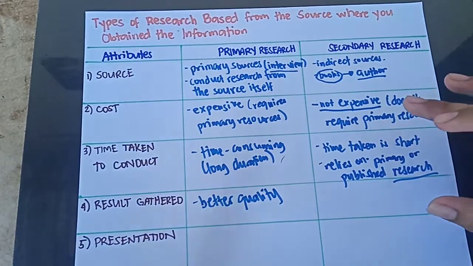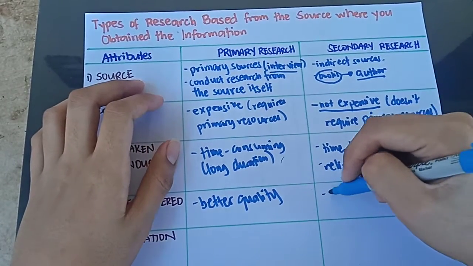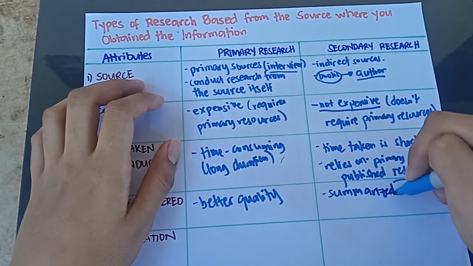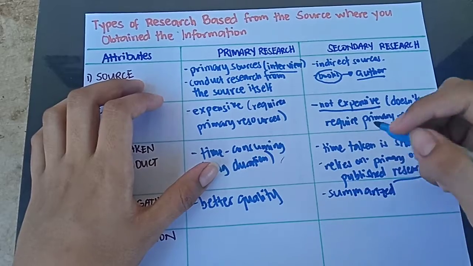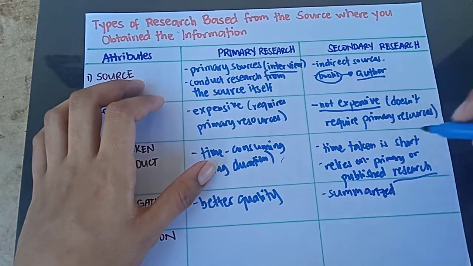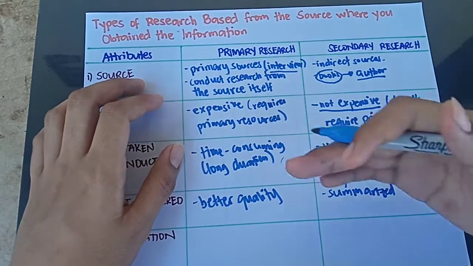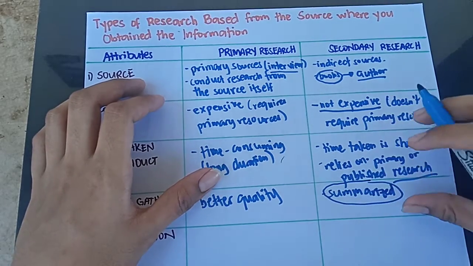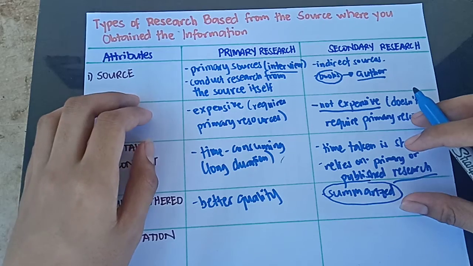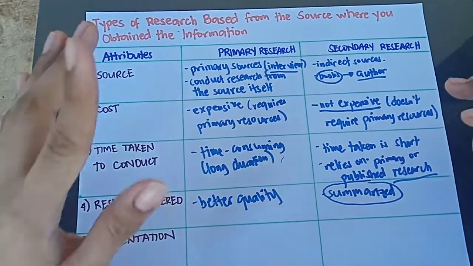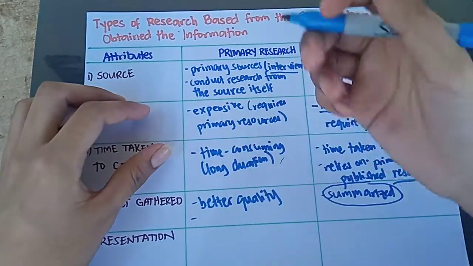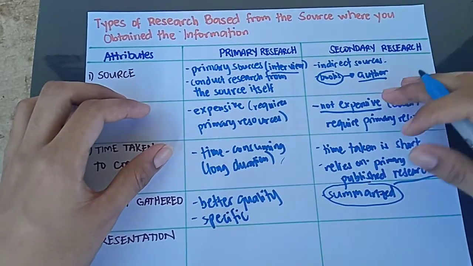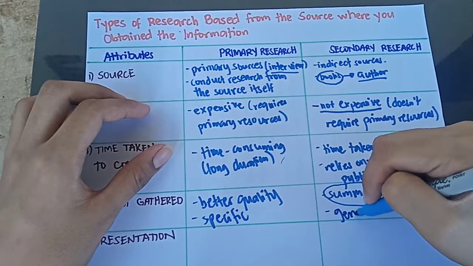While in secondary research, the results are usually summarized because they came from indirect sources. Meaning to say, the general concepts and ideas that you obtain in secondary research are broad. They are generalized. So the results in primary research are much more specific, while in secondary research they are much more generalized.